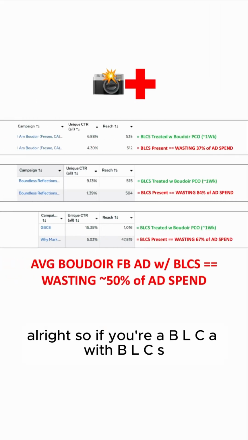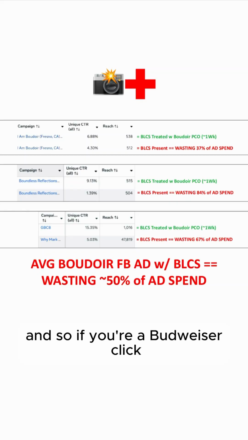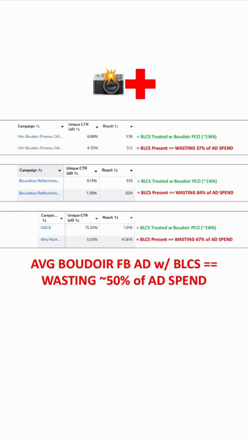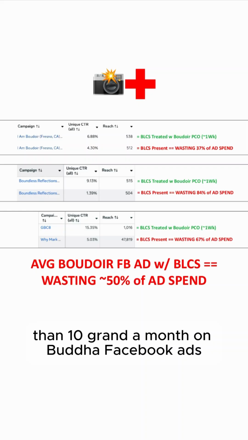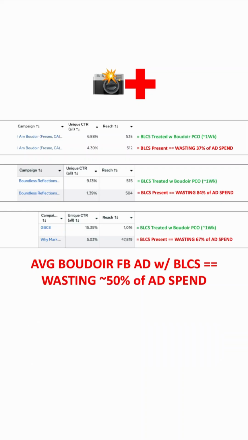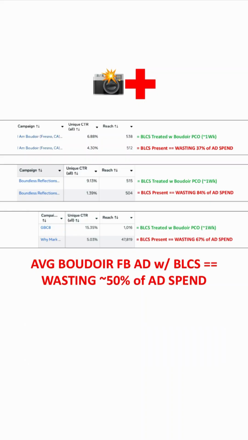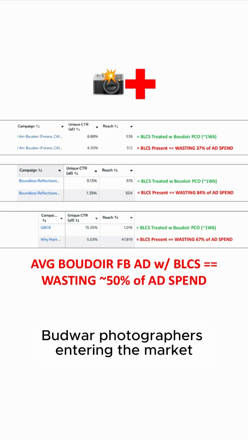All right, so if you're a BLCA with BLCS, so if you're a Boudoir low click advertiser with Boudoir low click syndrome, and you're spending more than 10 grand a month on Boudoir Facebook ads, and you're looking at the marketplace seeing way more boudoir photographers entering the market.